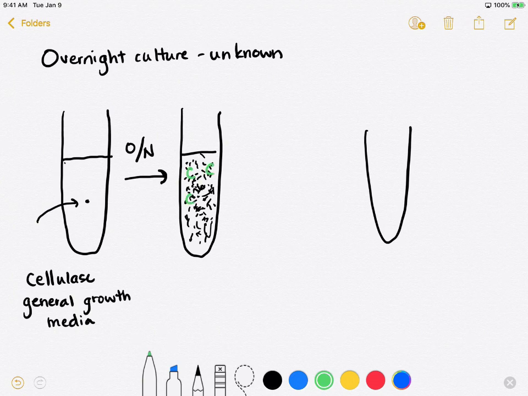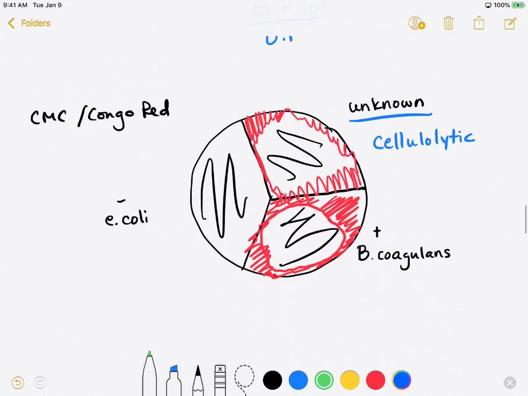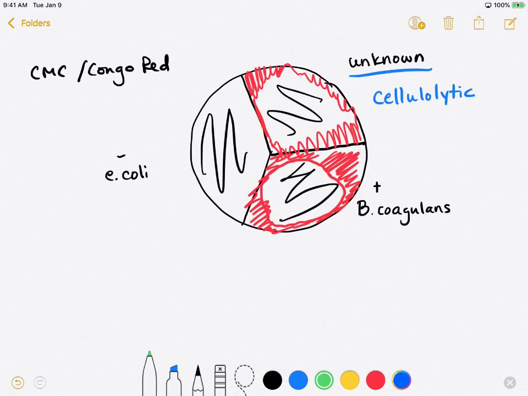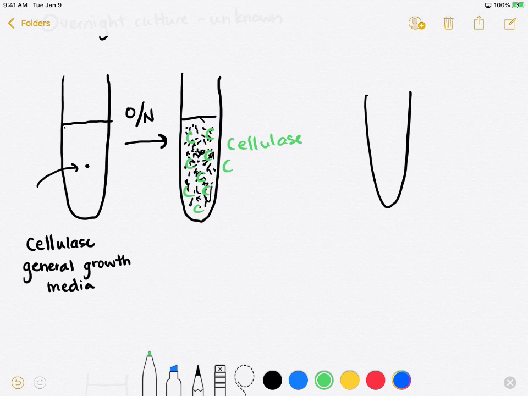So cellulase was being secreted by those bacteria in that media. We know that your unknown was creating cellulase because, going back, we had seen on the 3-streak plate that your unknown did have that cellulolytic activity.